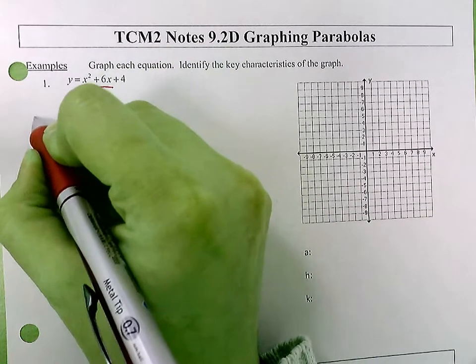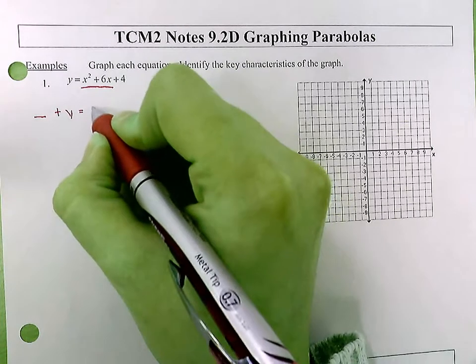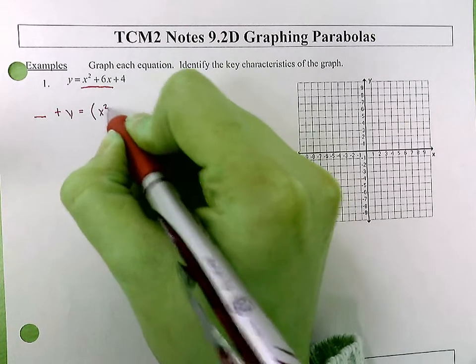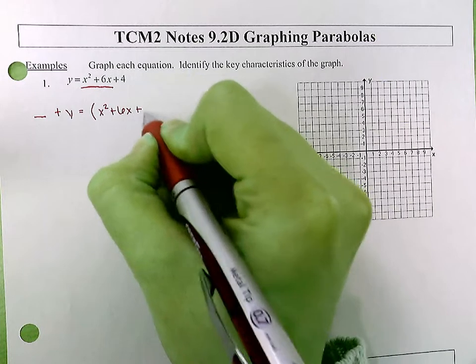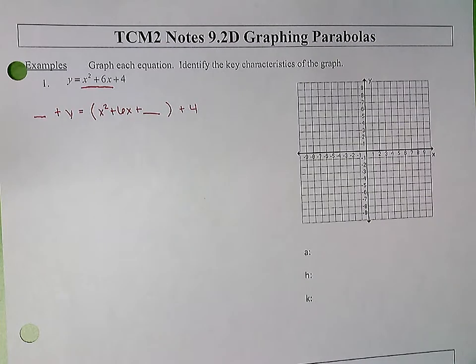Our next step was to add something to both sides of that equation. I couldn't factor it. I don't need to factor anything out from x squared. It's already x squared by itself. If there's no number next to it, you don't have to factor that out.